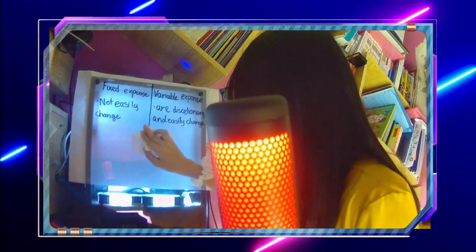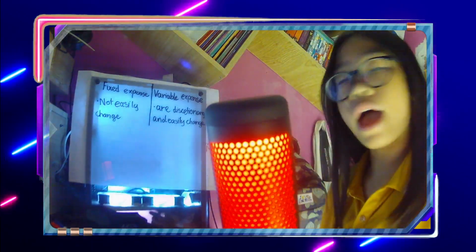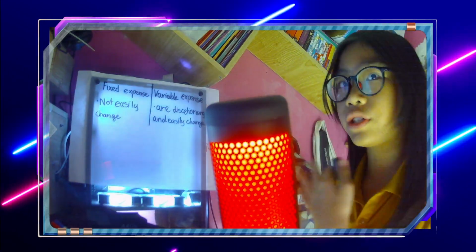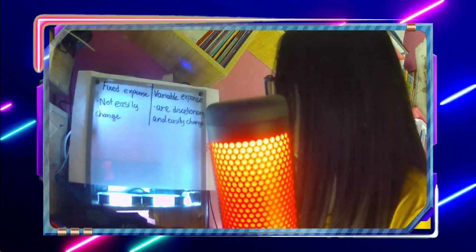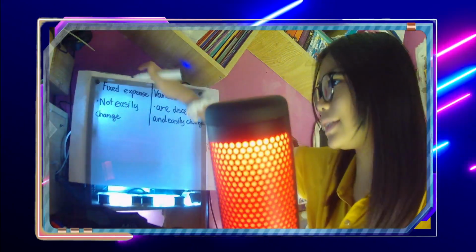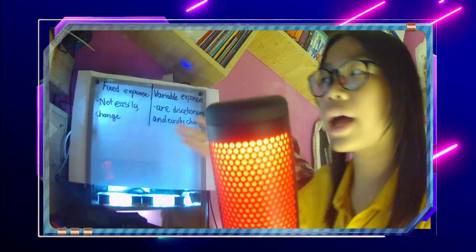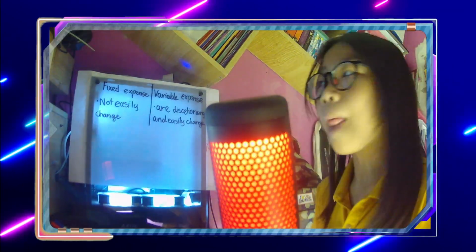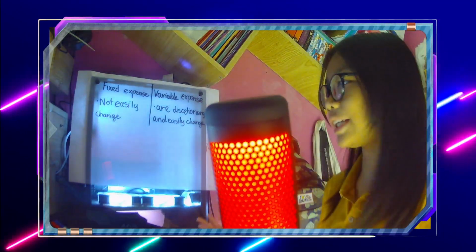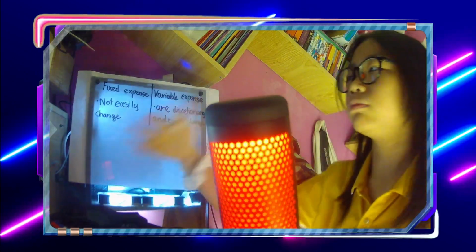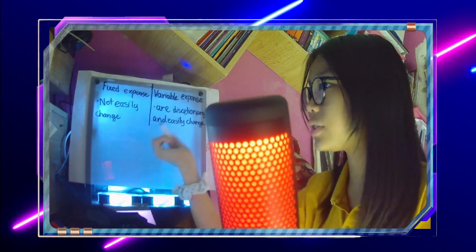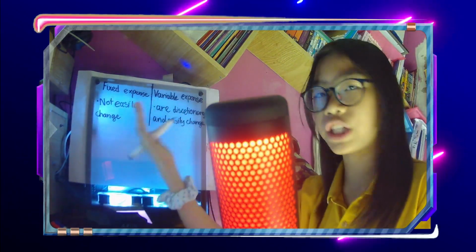So let's erase these two, and I'll give some examples of which things belong in each. First of all, fixed expenses are things that stay the same. They're not easily changeable. Examples would be car payment, rent, insurance, bills that don't change from month to month.